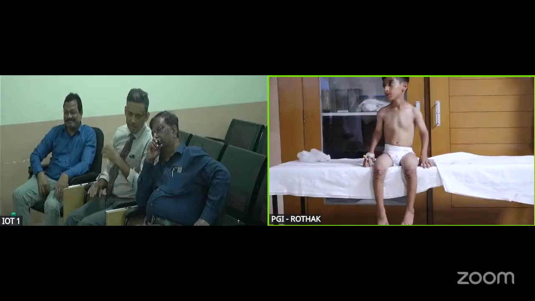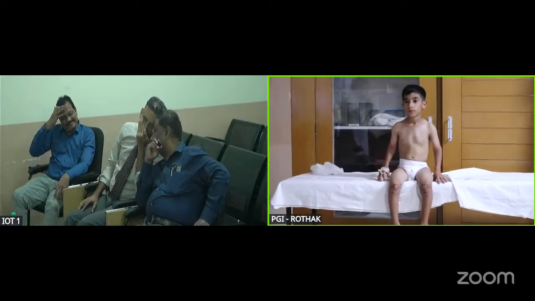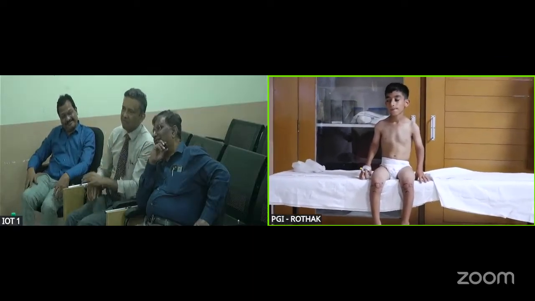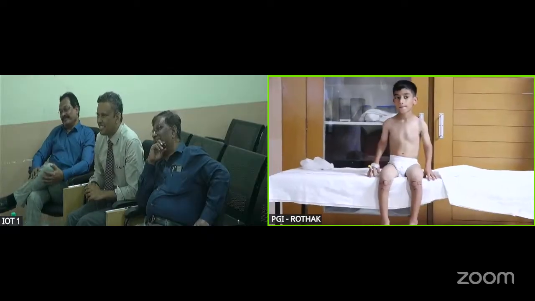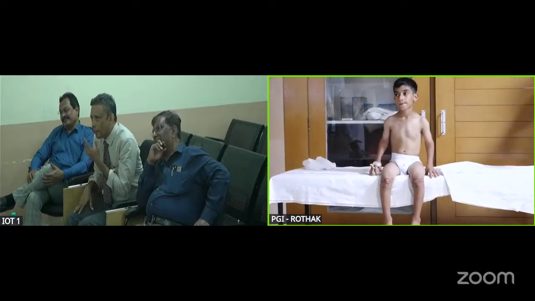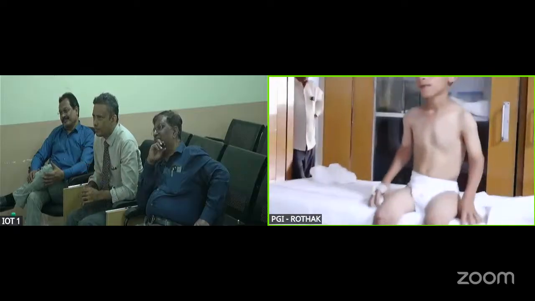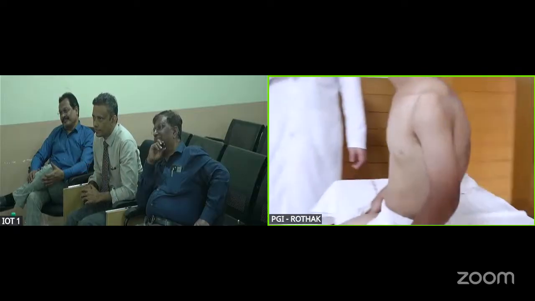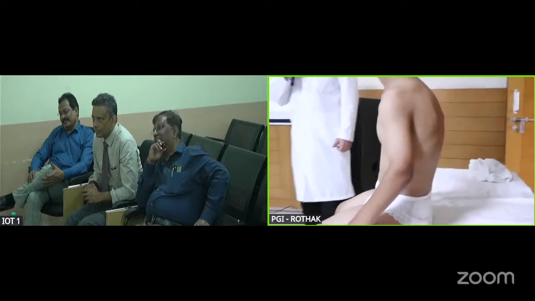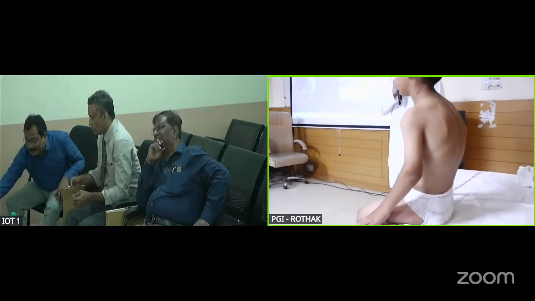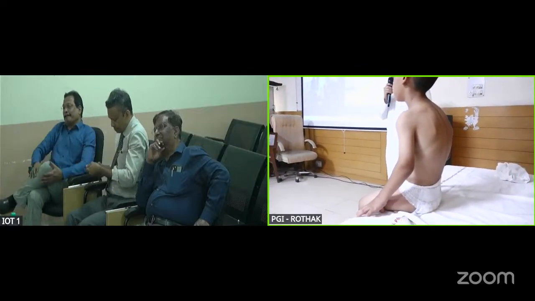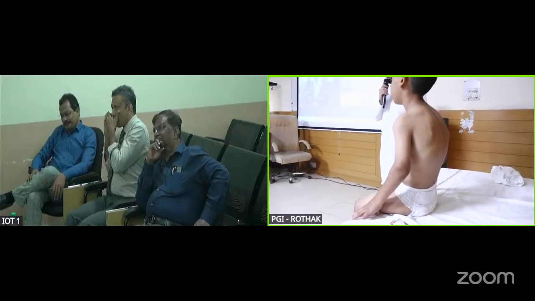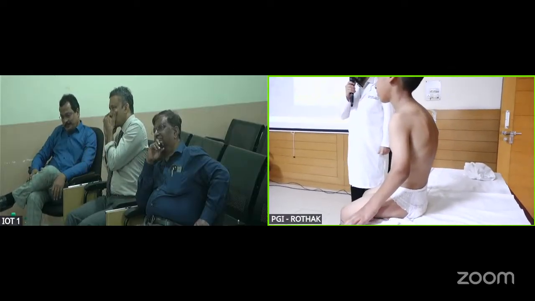What is happening when the kid is sitting? Sir, there is increased kyphotic deformity. There is increased lumbar kyphosis, lordosis is going away. Yes, sir. Lumbar lordosis is gone. So thoracic kyphosis is a natural curve.